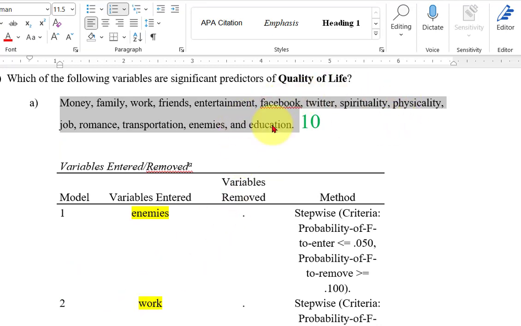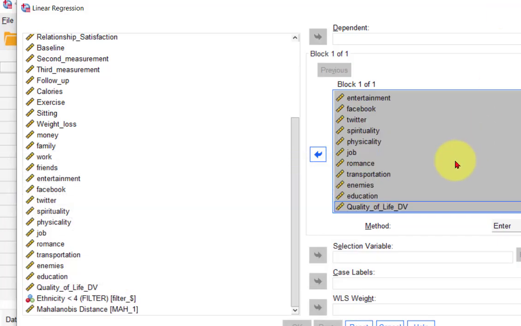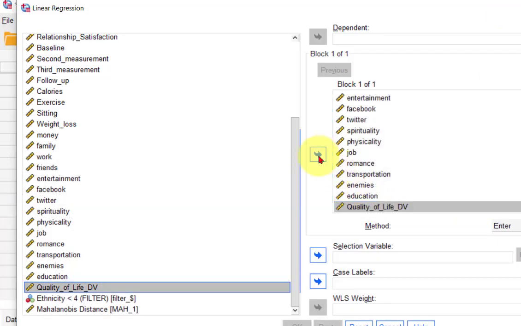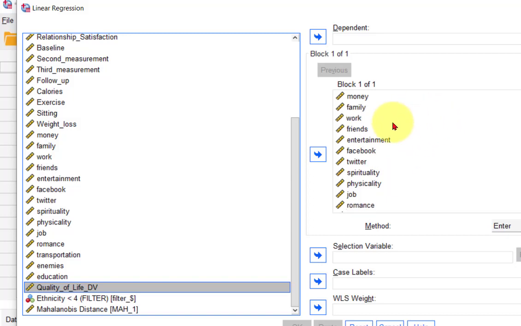No quality of life, just education. So 1, 2, 3, 4, 5, 6, 7, 8, 9, 10, 11, 12, 13, 14. So quality of life was not on there. Get out of there, you. Boom. 1 through 14. Okay, I got it.